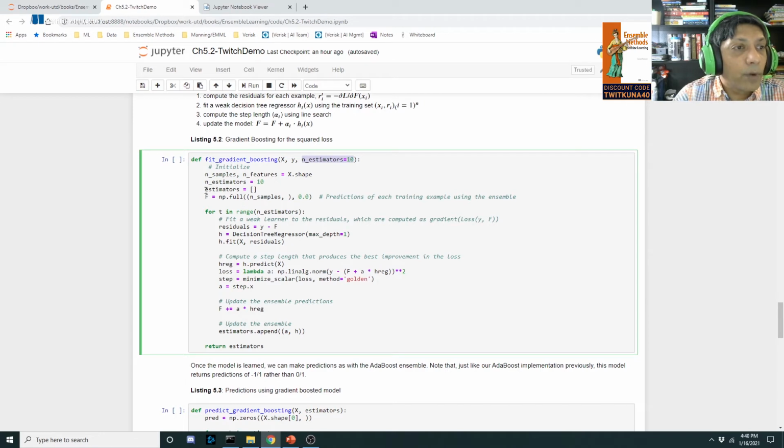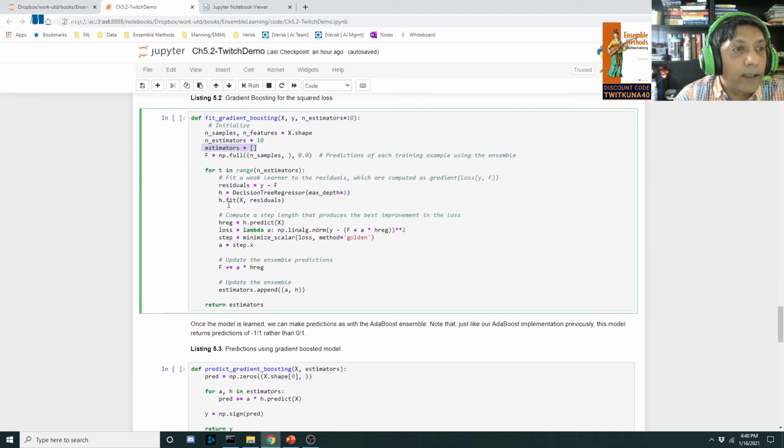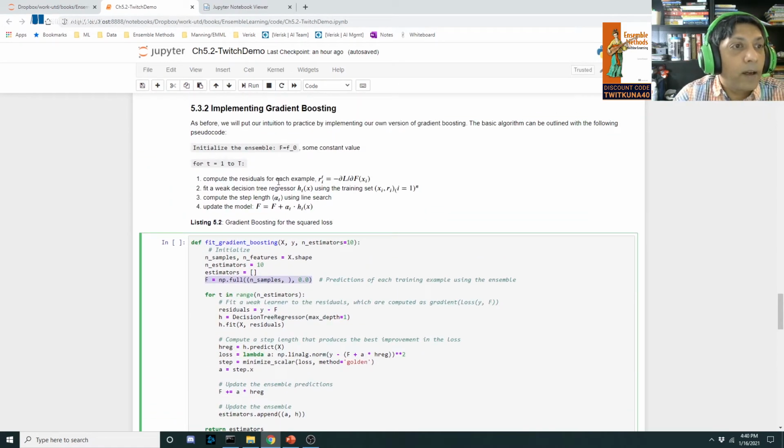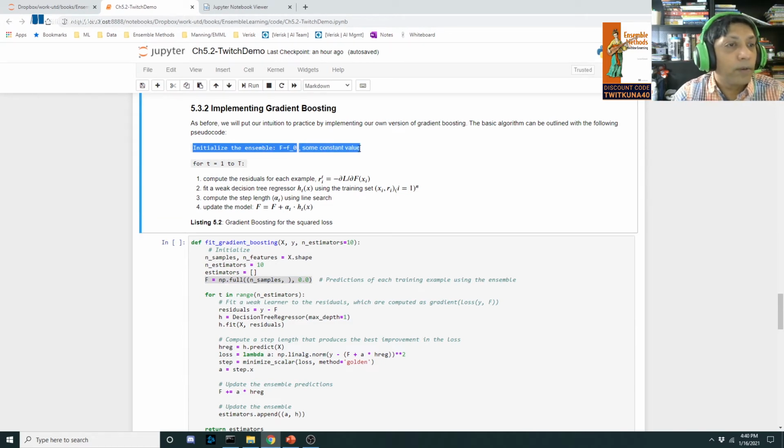We create an empty list of estimators, and as we learn an estimator in every iteration, we put it into this structure. And F, as you can see, is our initialization. If you recall, the initialization step says to initialize the overall ensemble prediction to some constant value, and we initialize it to 0.